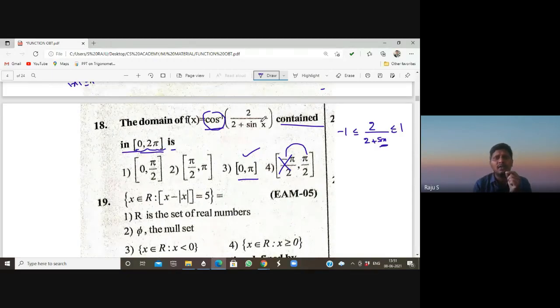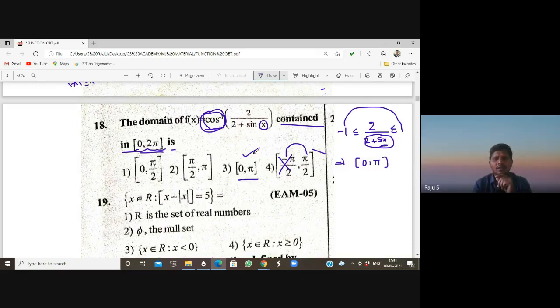Anyhow, we are going to get the principal value branch, whatever the x value is. So this is the domain. Principal value branch does not exist more than pi or less than 0. So cos inverse is there indirectly, and here also 0 to pi, where sin x is positive.